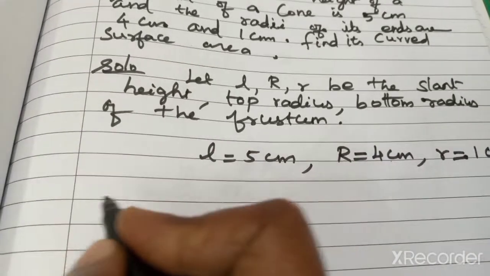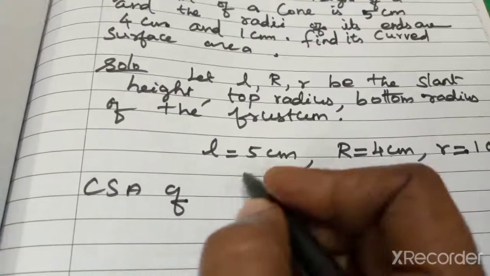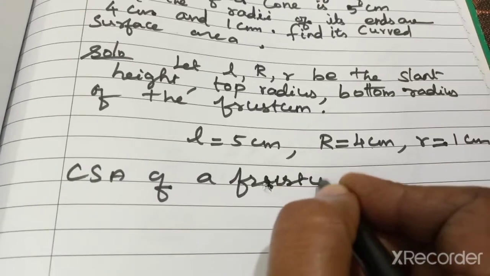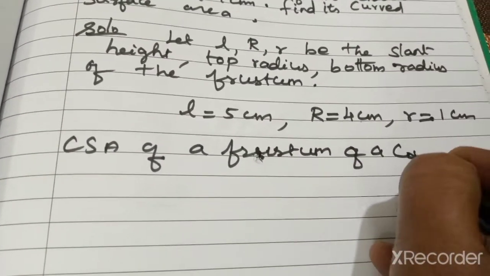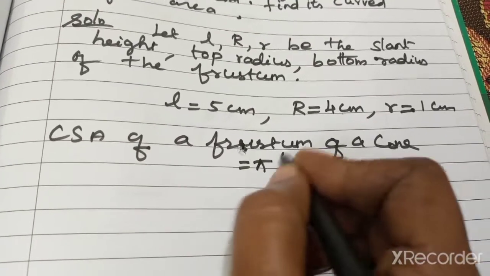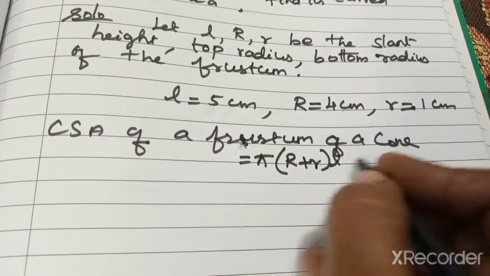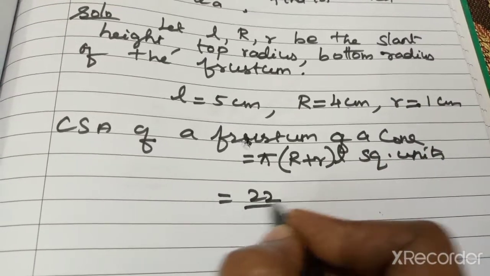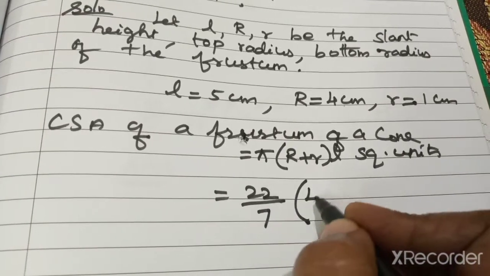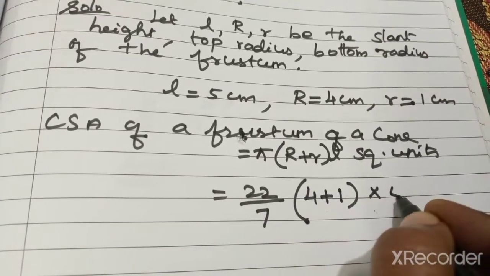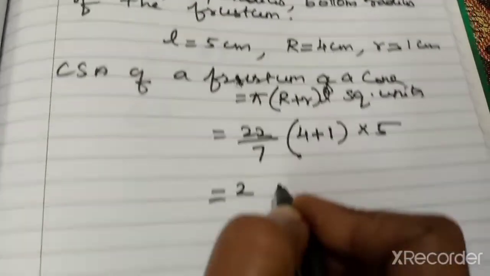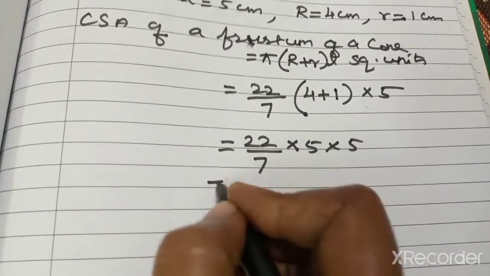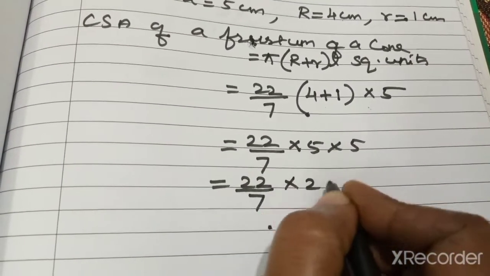CSA of a frustum of a cone is equal to pi into (R plus r) into L square units. That is the formula. Taking pi as 22 by 7, capital R is 4 plus small r is 1 into 5, which is equal to 22 by 7 into 4 plus 1, which is 5, into 5, which is 22 by 7 into 25.